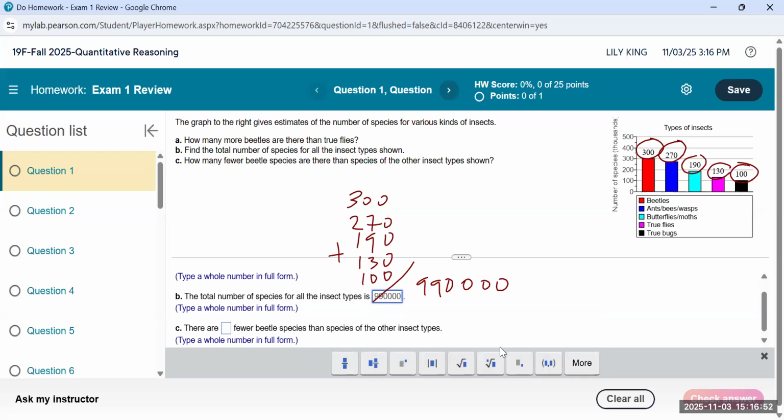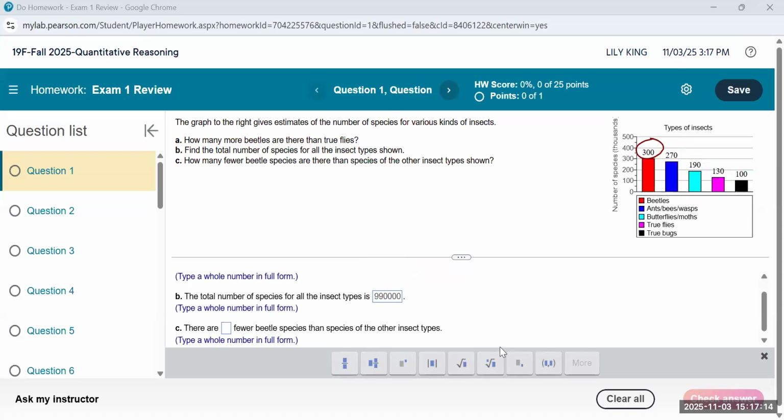Now for C, how many fewer beetle species are there than species of the other insect types? So here we are looking at the other insect types. You're going to find the total of the other insect types. And the total of the other insect types is everything excluding the number of beetle species. This is the 270.